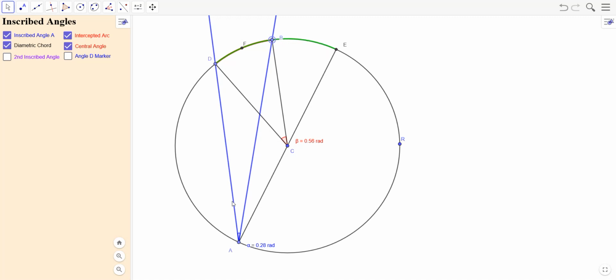Well, both of those, once again, satisfy case 1. So the big arc across here from D to E is twice the angle DAE, that angle measure is half the measure of the arc from D to E. And then we subtract the arc measure from B to E, which is twice the measure of the angle from B to A to E. Okay, and that leaves what's left here, the inscribed angle, to be half of the other one.